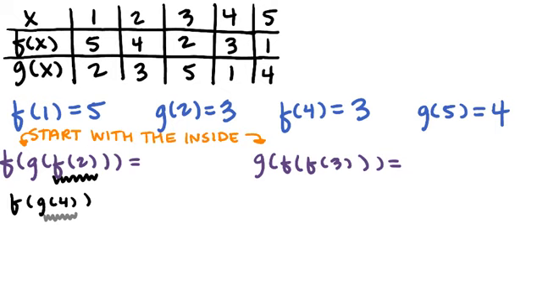So now I have f of 1, and f of 1 is 5. So f of g of f of 2 is equal to 5. You try g of f of f of 3 on your own, starting with the inside and then working your way out.